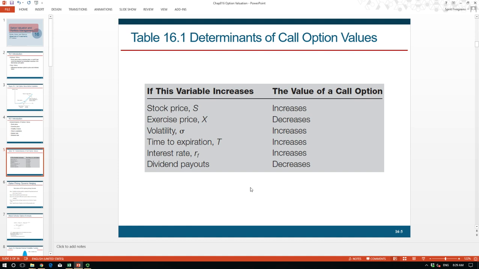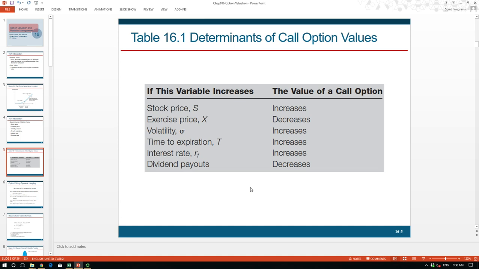That one factor is the exercise price for a call option and the strike price for a put option. It is a negative relationship. So in the case of a call option, the higher the exercise price, the lower the option value. And in the case of a put option, the higher the strike price, the lower the put option value. Right? So we have 5 basic factors that actually shape an option price.